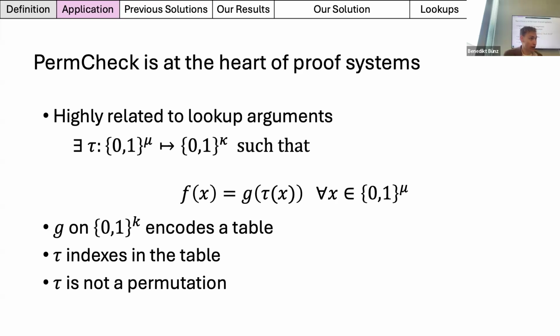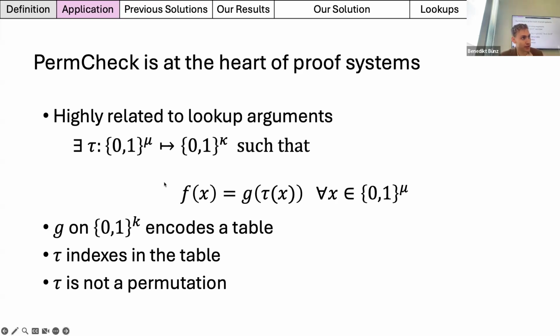Yes, of course, you can prove lookup arguments using memory checking, which uses permutation arguments, and you could replace that little component. But in some settings, it's very nuanced, it's better to skip the whole thing and directly solve the problem. Let's not go through the complications of memory checking, but directly address the problem.